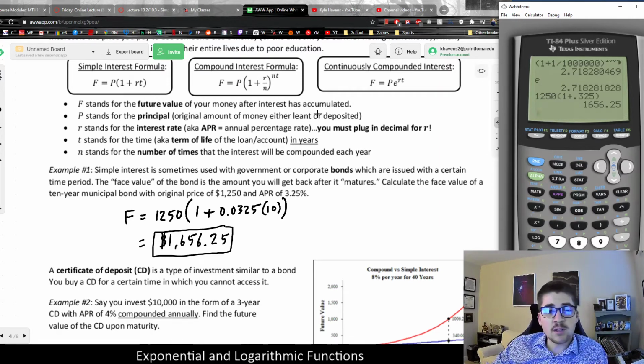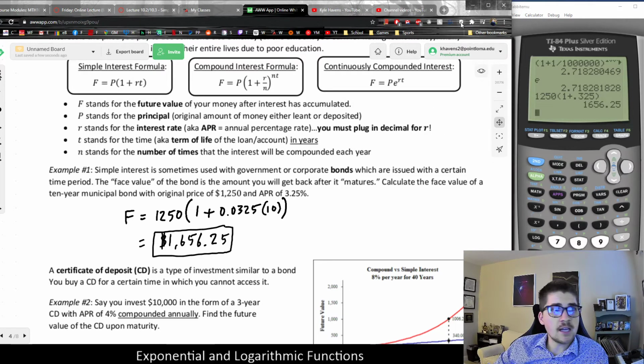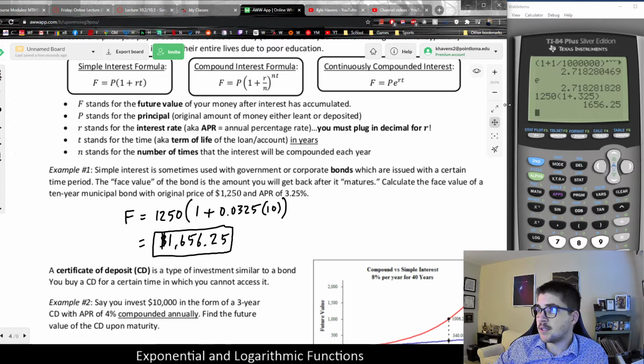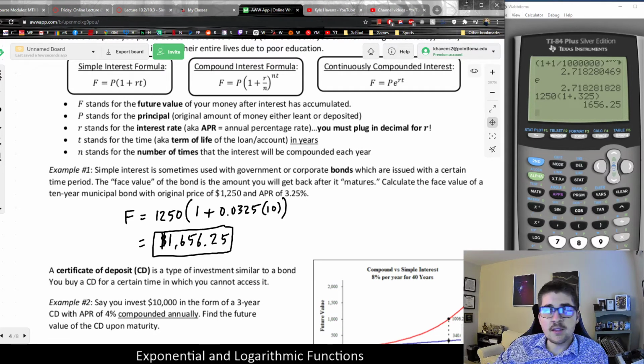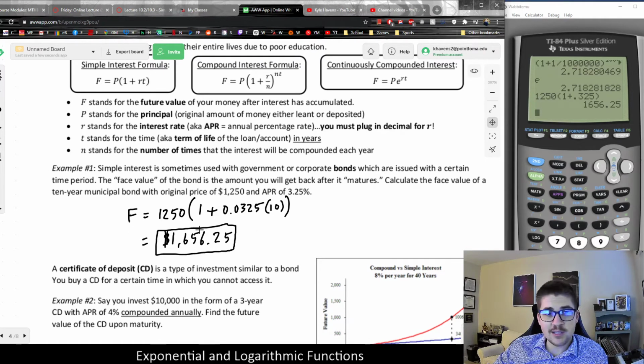And the reason we're looking at this is, say, for example, you were thinking about investing in a particular bond or whatever it might be, you have the tools to analyze what your answer would be. And the question is, well, is it worth it? I can see that the straight amount of interest, the amount of growth here, would be about $406.